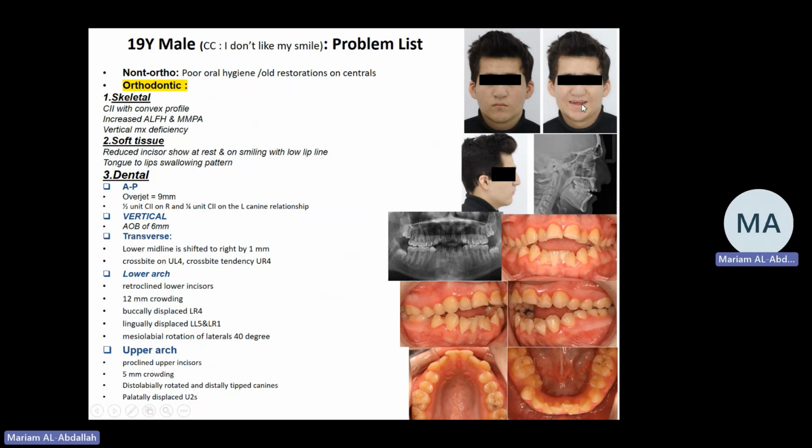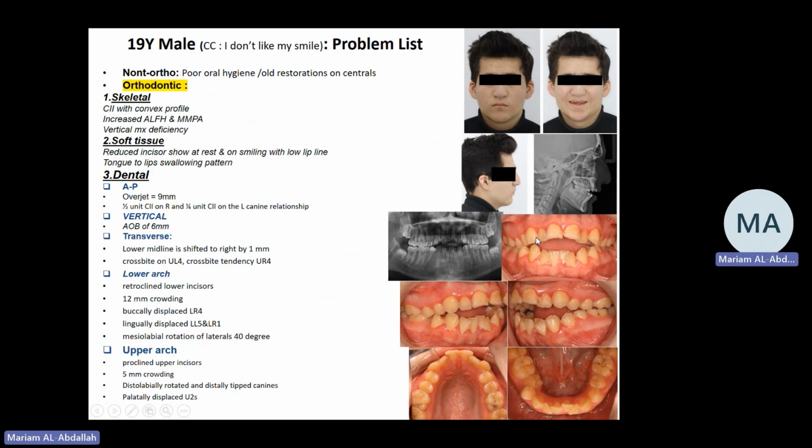The patient is showing almost nothing, minimal teeth show on maximum smiling. So the patient has a realistic demand, a realistic chief complaint. Now, as we examine the extraoral photos, the radiographs, and the intraoral photos, you will see that the patient, from the non-orthodontic problem list, has very poor oral hygiene.